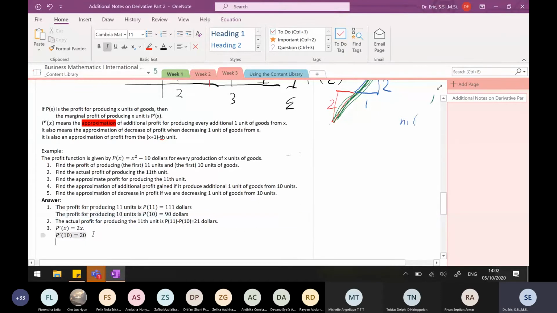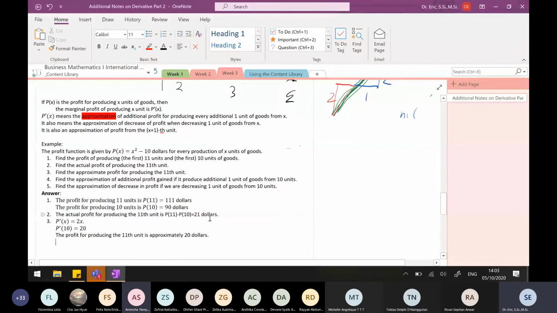So what does this mean? This means the profit for producing the 11th unit is approximately $20, and it is a good approximation for $21, isn't it?